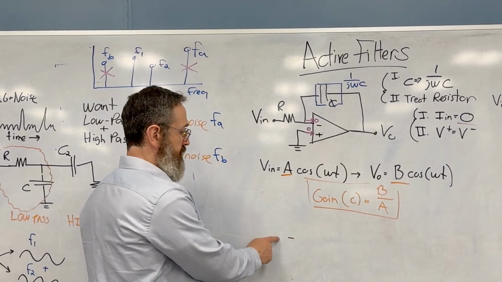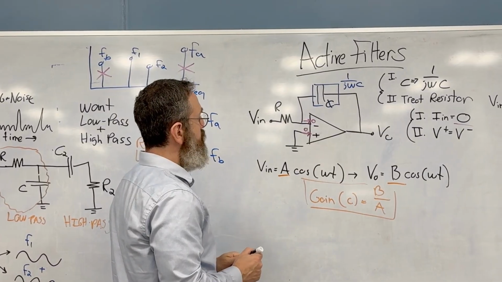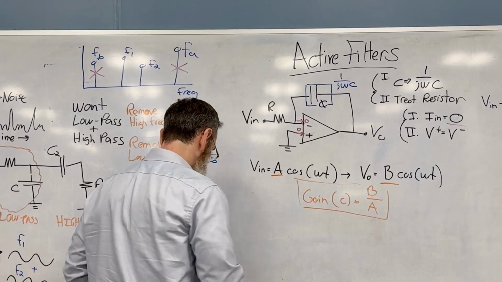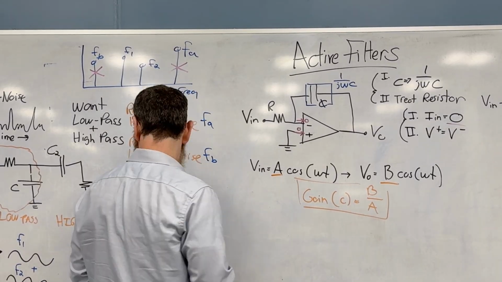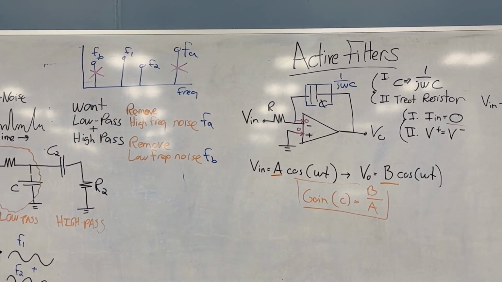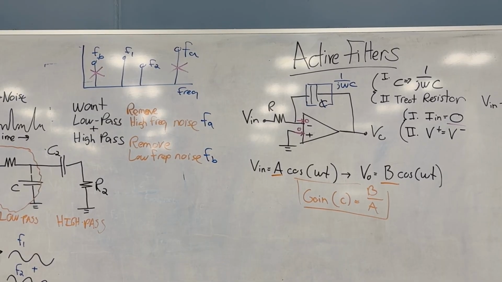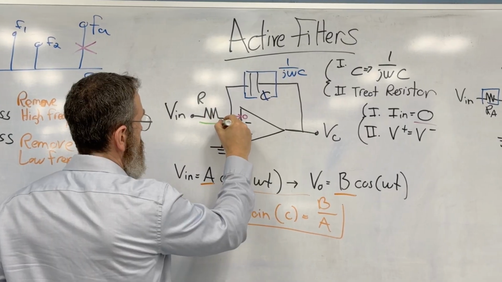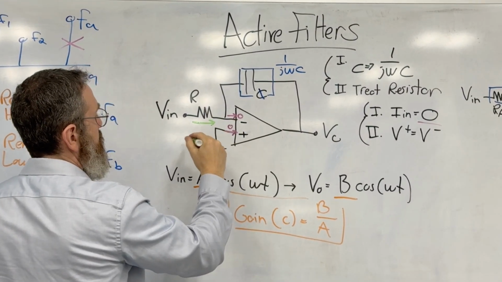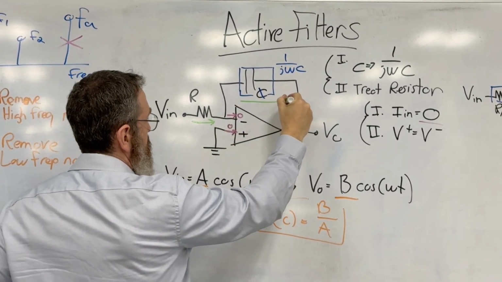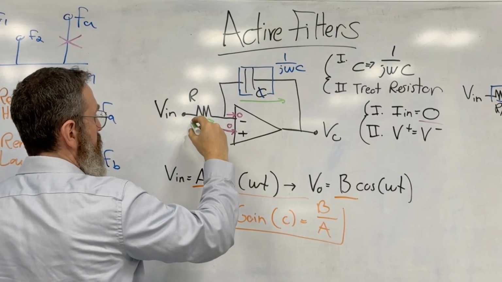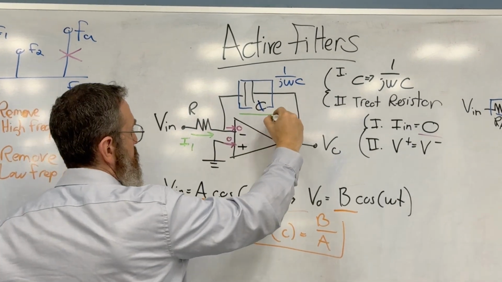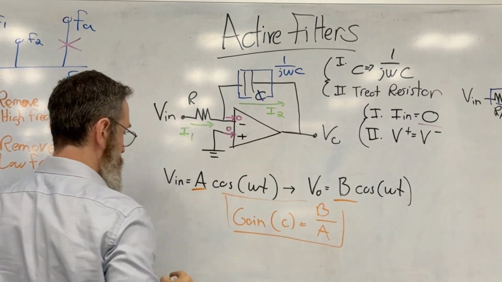So I'm going to write Ohm's law twice, for this current and for this current. Let's call this current 1. We'll call this current 2.